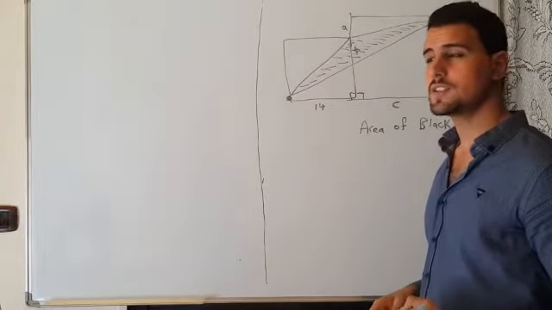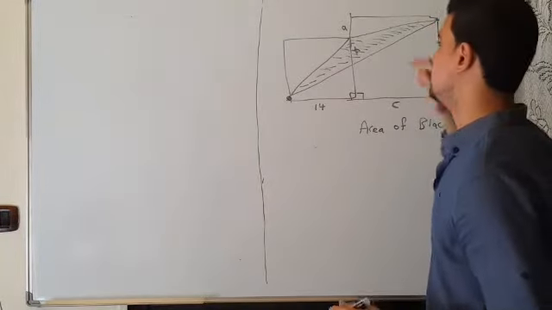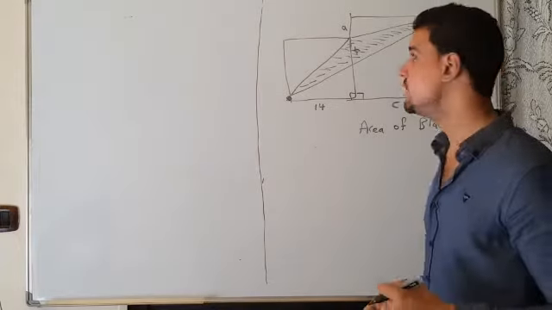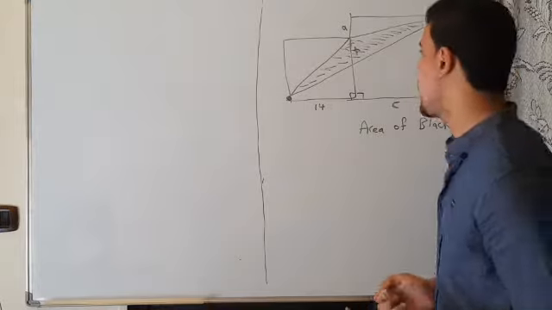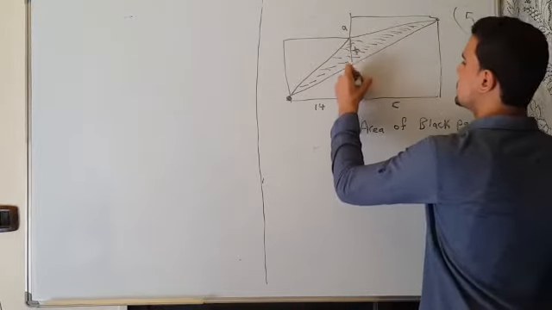That's a way that I believe will lead me to the right solution. How? This is x, this is 14 minus x.